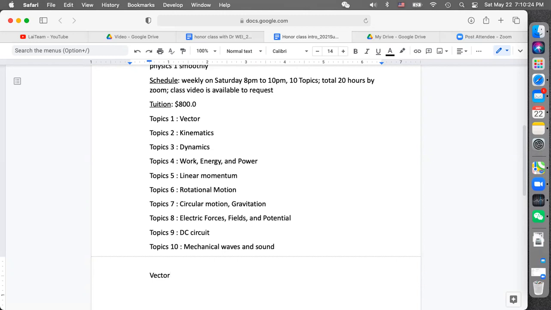So for the vector session, which is really a boot camp chapter, we're going to talk about how you deal with two vectors. First of all, how you represent vectors, for example, in terms of xi plus yj. And of course, you need to understand why we want to do that.